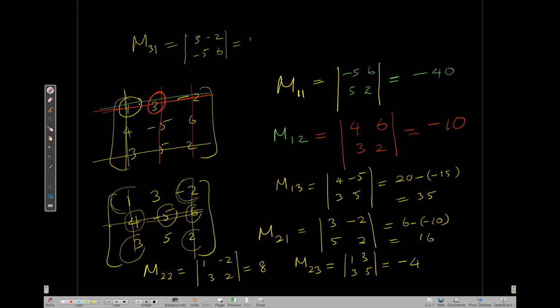You get 18 minus 10, so you get 8. M32, you delete the third row, second column, so 1, negative 2, 4, 6.